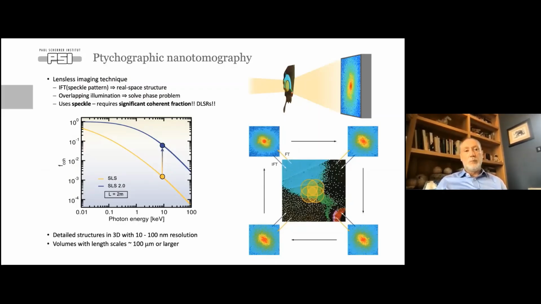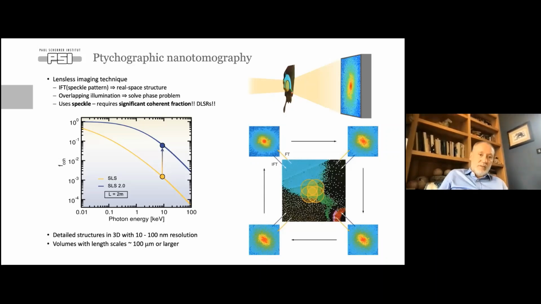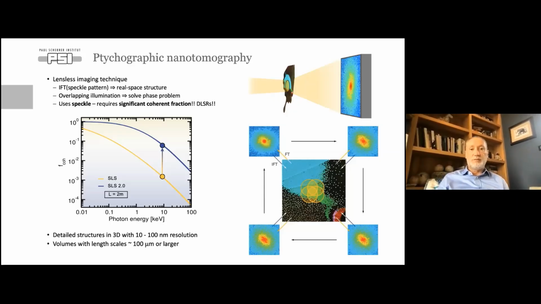And we really hope, using just the machine improvements alone, to really bring ptychography into a new regime. But like I said, we also hope to improve the flux coming out of some of these short period undulators also by approximately a factor of 10. Plus some tricks with optics may mean that we can really improve things by around a factor of 1,000.